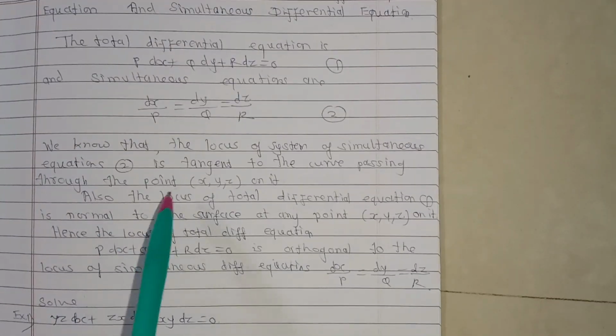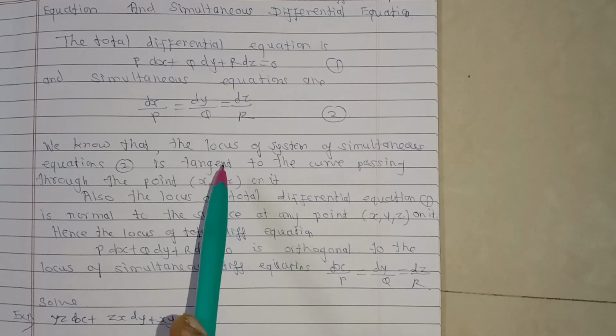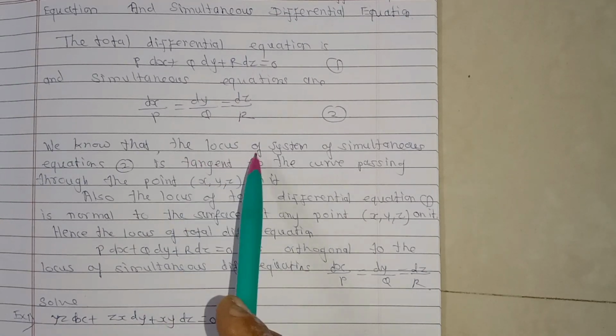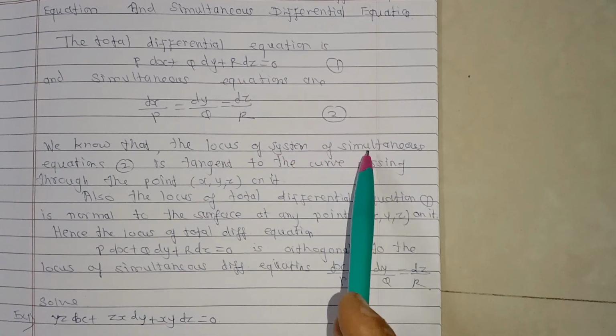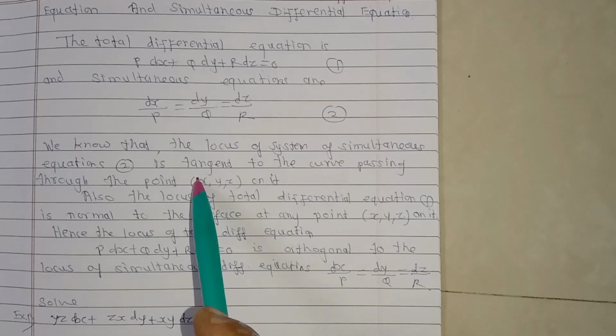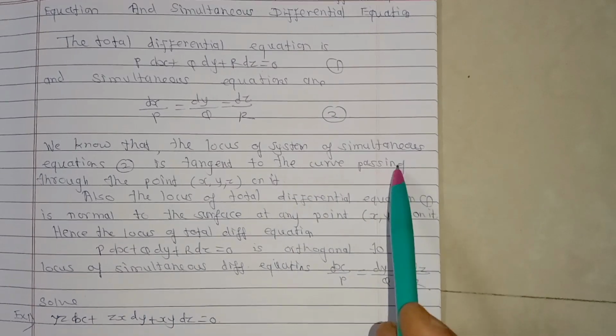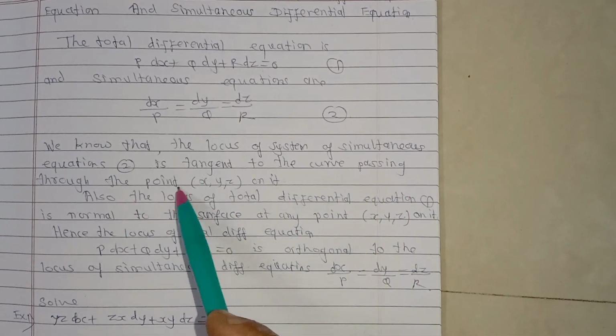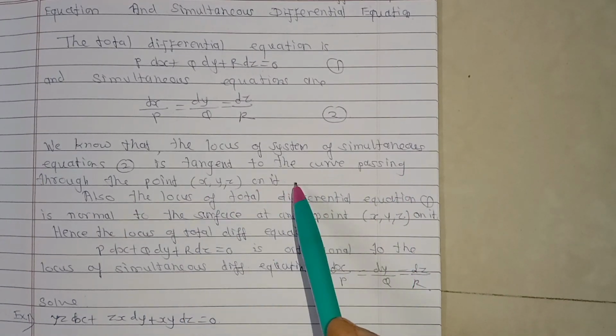We know that the locus means set of points. The locus of the system of simultaneous equations 2 is tangent to the curve passing through the point xyz on it.